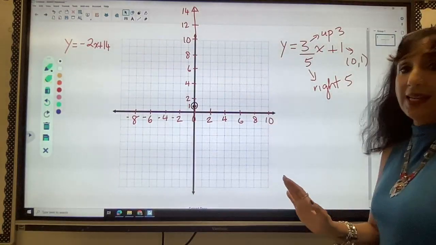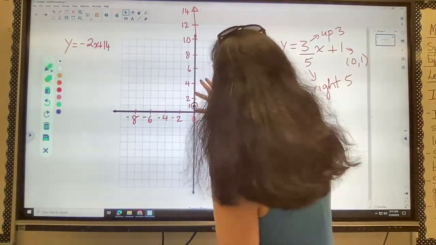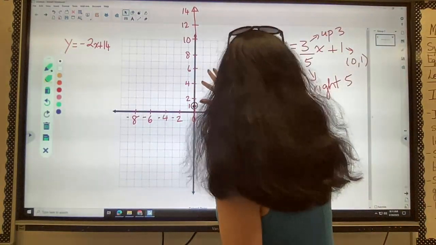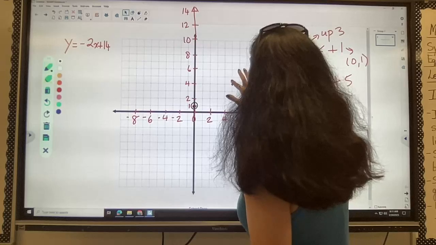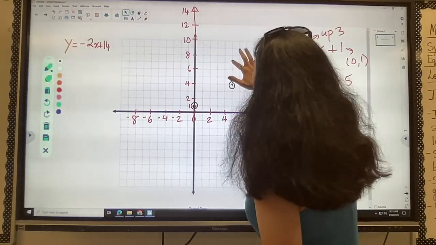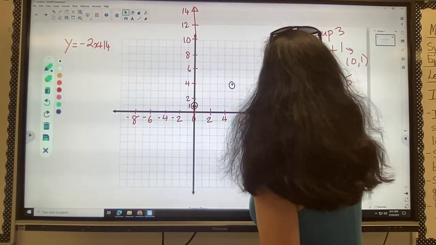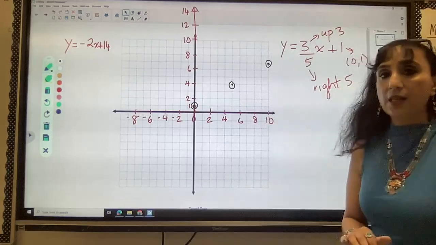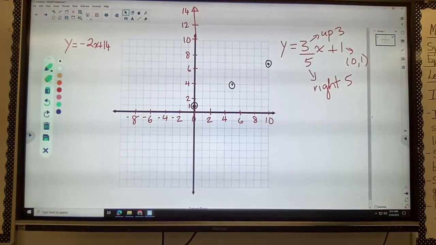From this point I can see my slope, so it's going up 3, 1, 2, 3, and then right 1, 2, 3, 4, 5. So here's the next point. Then up 3 and right 5 again. Here's the next point. That's how this line is moving.